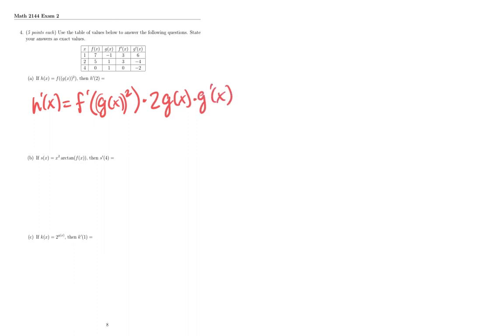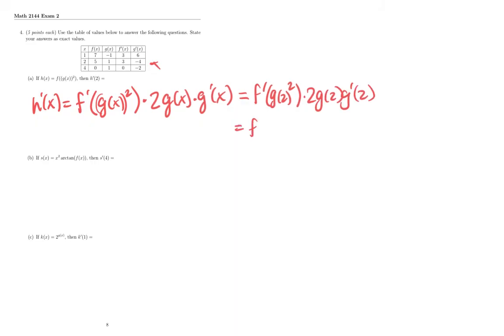Okay, and so then I just need to use the table to evaluate that. So I'll use the table here to evaluate all of these things. So that'll be f prime of g of x squared, so g of 2 squared, times 2 g of 2 g prime of 2.